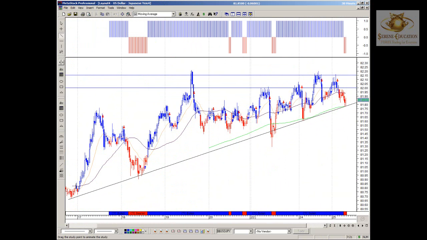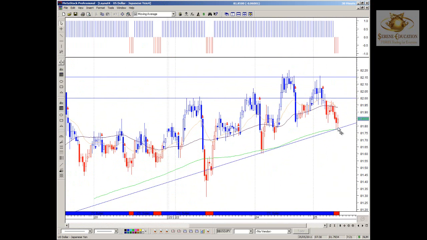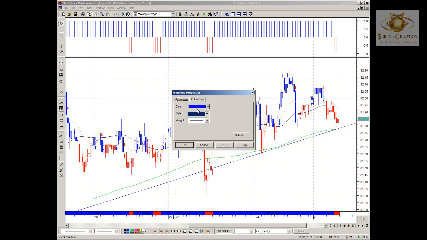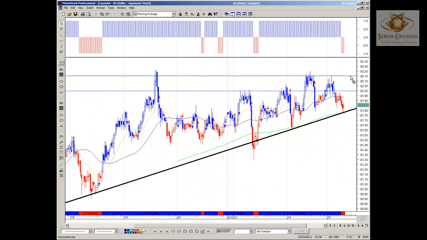Trend direction, you can see here, for example, the US dollar is testing the 200-period moving average and the trend line on a 30-minute time frame. So let's have a look and see if we have a break of that trend line. If the trend line holds strong, and it has been a strong one, we can see this trend's been holding strong since the 17th of this month, and we could see a bounce to the upside.